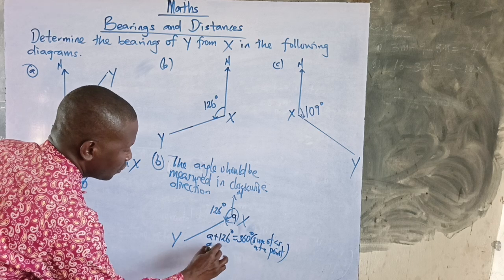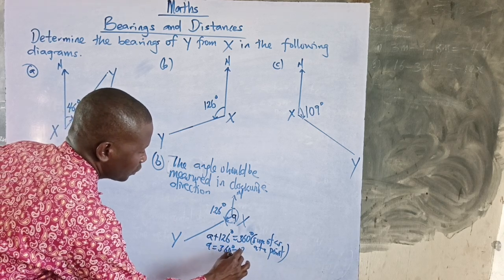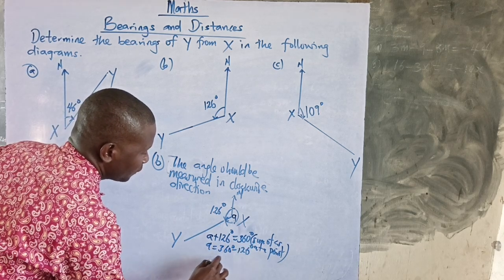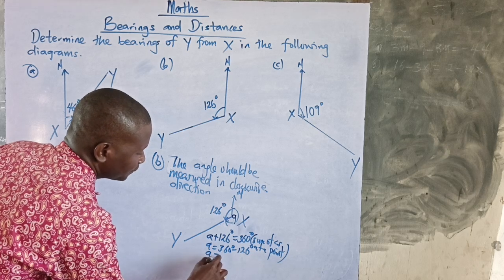Therefore, A equals 360 degrees minus 126 degrees.